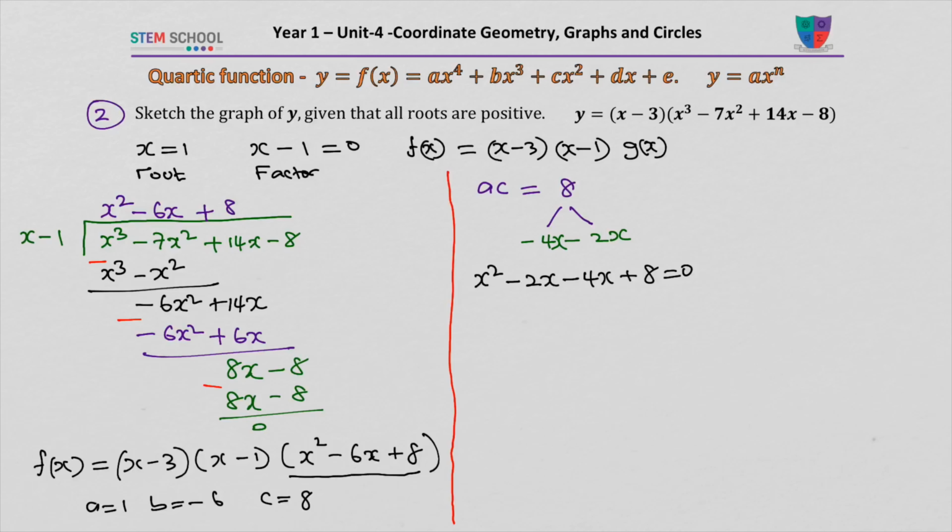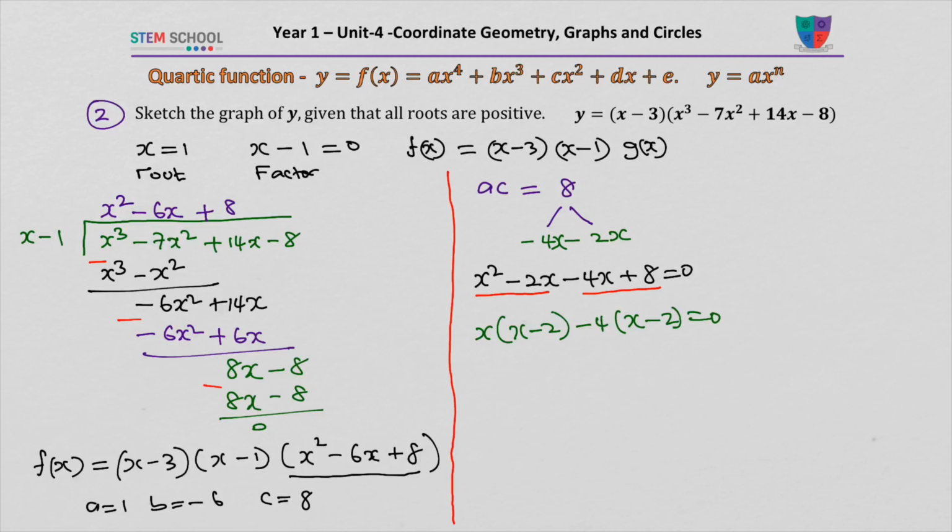I have a common factor here, and another common factor there. If I take those out, the first factor is x, so x times x minus 2. The second factor is minus 4, so that will be x minus 2 as well. You can see if we multiply them out, we get that, so they're correct.